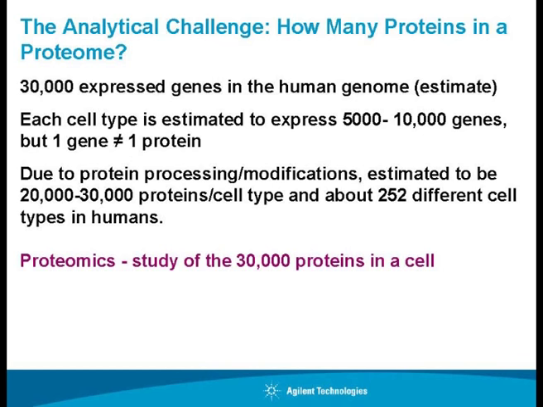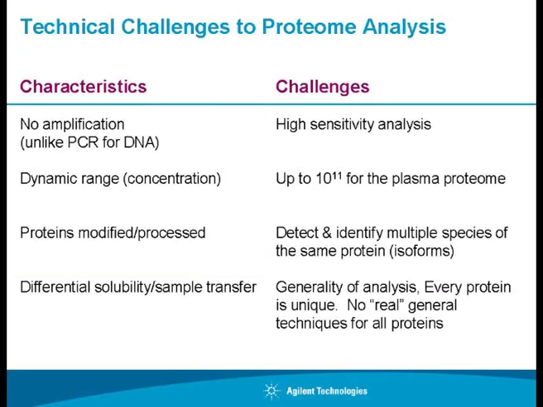Due to protein processing and modifications, it is estimated to be 20,000 to 30,000 proteins per cell type, and there are about close to 250 different cell types. So you can see the dynamics and the complexity. Slowly it is increasing. So that is the challenge. You typically have to identify close to 30,000 proteins in one cell, and you can imagine there are 250 cell types. So it's quite complex.